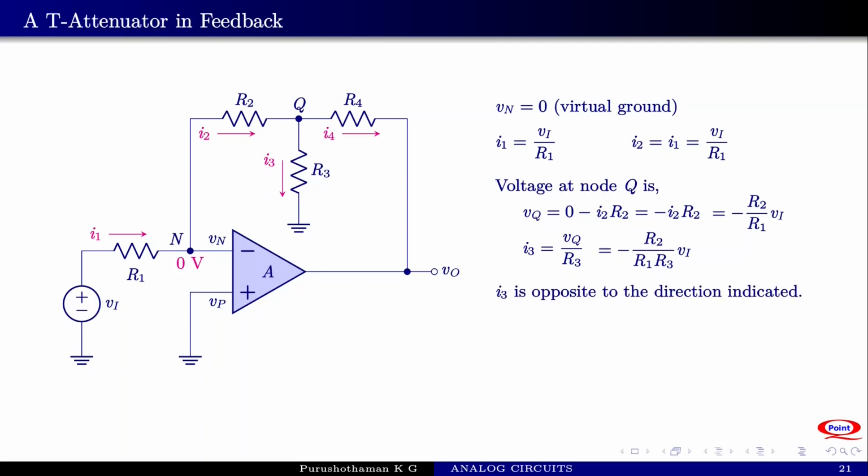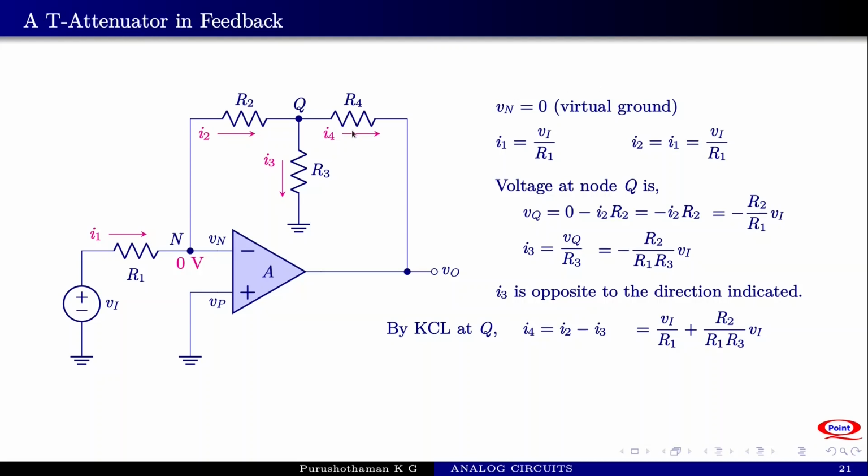Now, if you apply Kirchhoff's current law at this node, the current entering must be equal to current leaving. So I2 must be equal to I3 plus I4, or I4 is equal to I2 minus I3. We know these values. I3 is known, I2 is known. So you can calculate that. That will be equal to minus Vi by R1 plus R2 by R1 R3 into Vi.